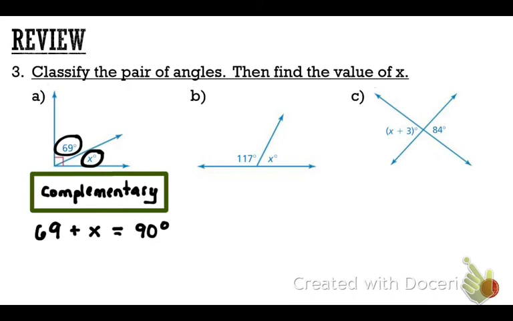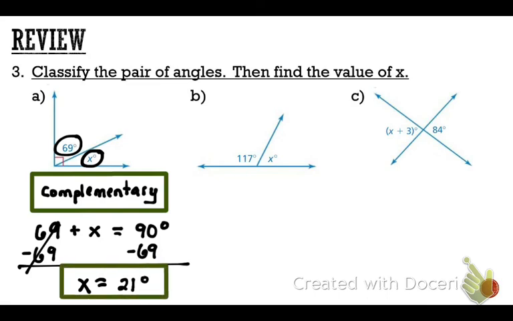How do I get x by itself? Subtract the number. Okay, so we're going to subtract 69 from both sides. All right, guys, what's the answer? 21 degrees. Make sure you've got that little degrees symbol up there.